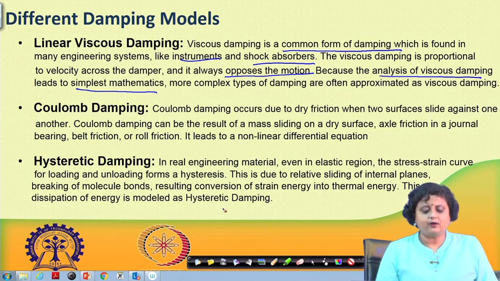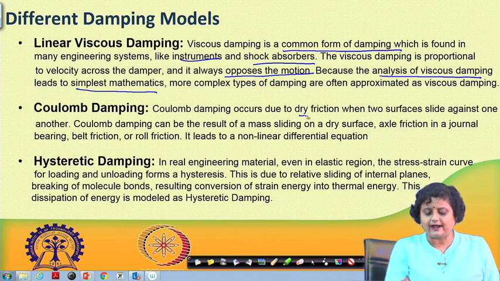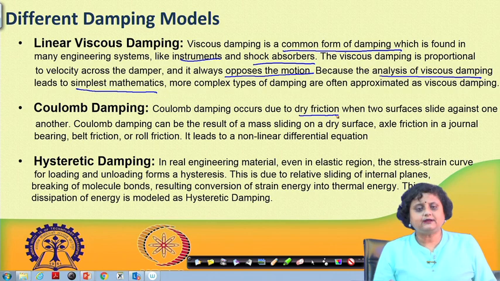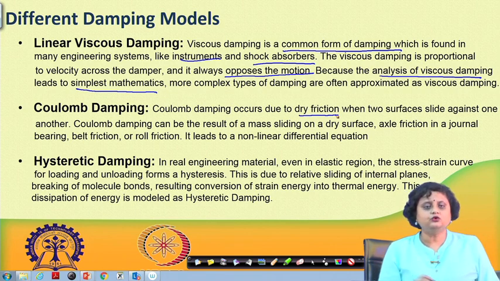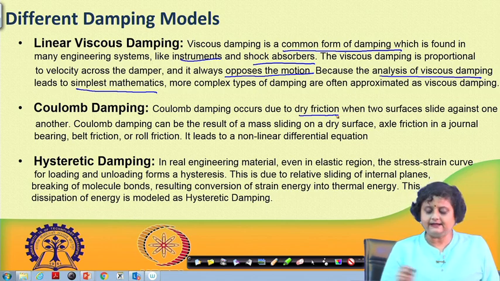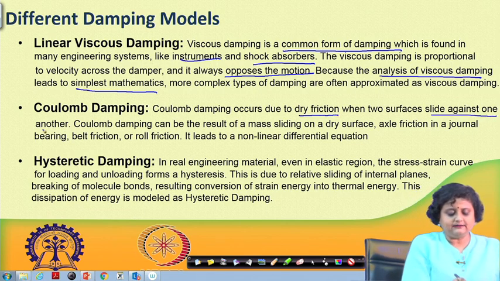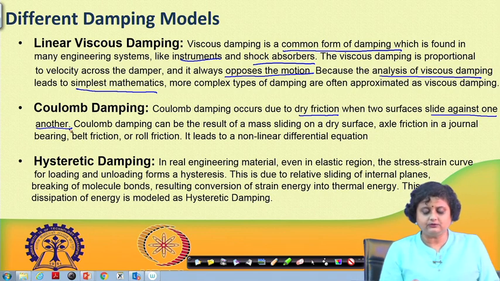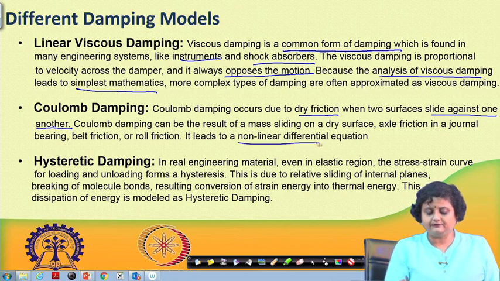So, the other form of damping which is also common is called the Coulomb damping or the damping due to dry friction. Okay. So, this kind of damping is encountered in cases where two surfaces slide against one another, and the damping that results from the friction between the two sliding surfaces is called the Coulomb damping, and it is modeled using a nonlinear differential equation.